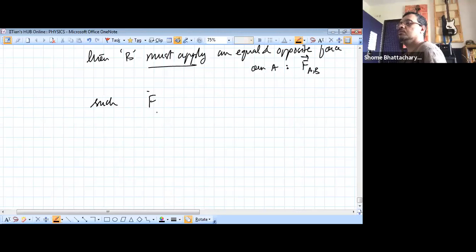So the force on B because of A must be equal and opposite to the force on A because of B.